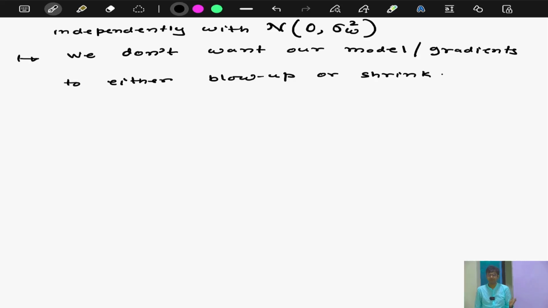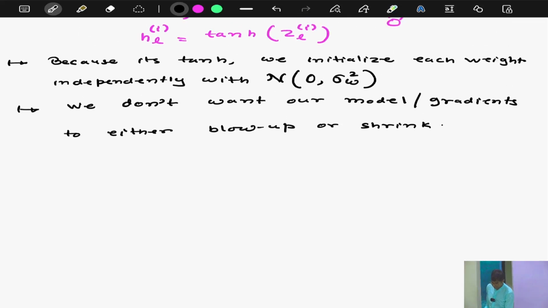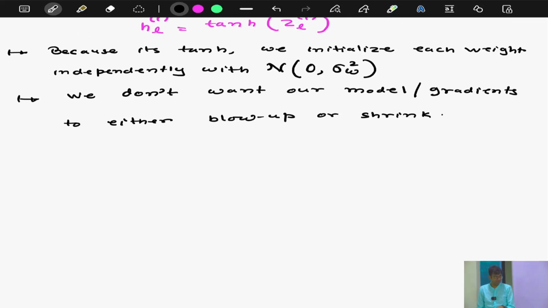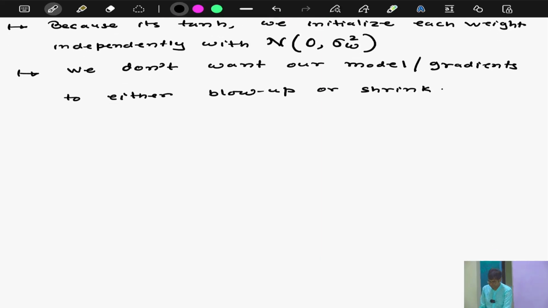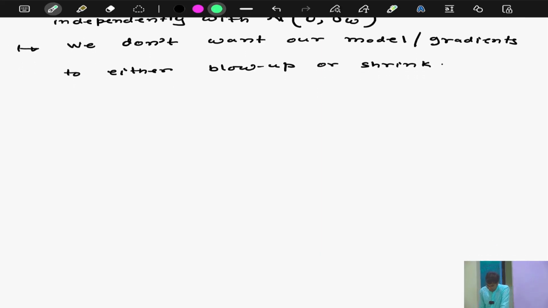When I say blow up, I mean approach infinity. When I say shrink, I mean approach 0. We don't want that, right? So now the question is, by combining these two factors, the objective is to find out sigma w that ensures this thing. So therefore, the goal is, and I will stop with this one.